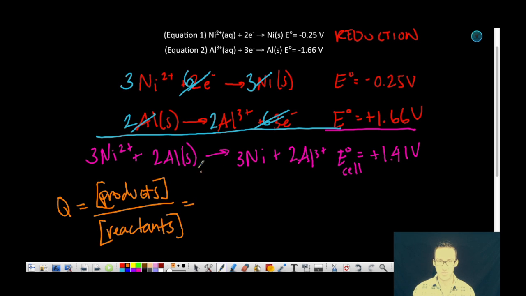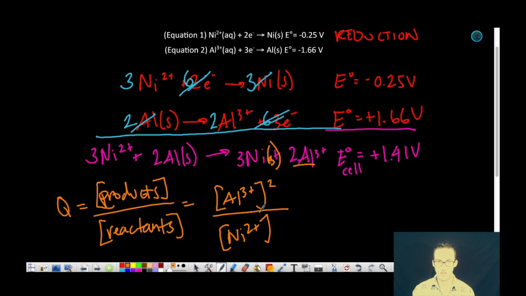And so when we solve this, our product concentration is going to be the concentration of aluminum ion squared. That's the only one we're going to include because that's the only aqueous ion we have on our product side, since this one's solid. On our reactant side, we're going to have the nickel ion raised to the third power.